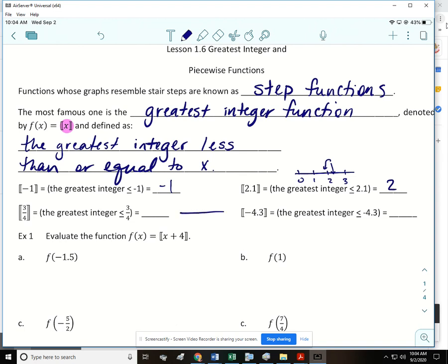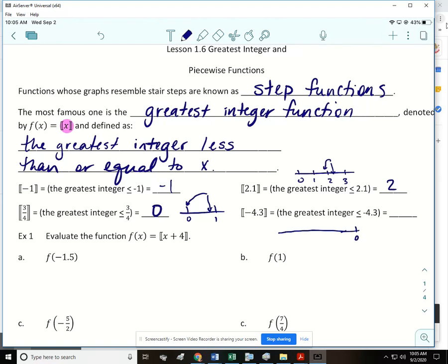All right, and then same thing for 3/4. 3/4 is about right here. If we want the greatest integer less than or equal to 3/4, we go backwards on the number line to 0. All right, and then when that number inside is a negative, it does make it a little less obvious, I guess.